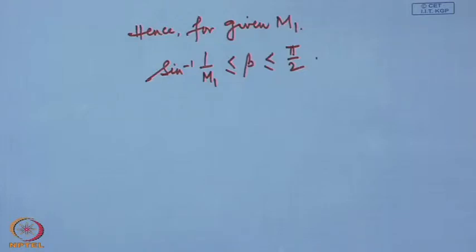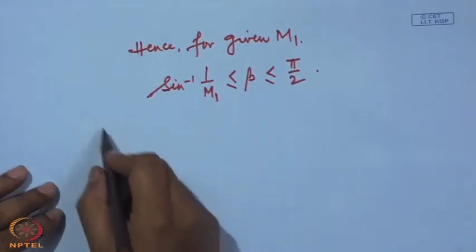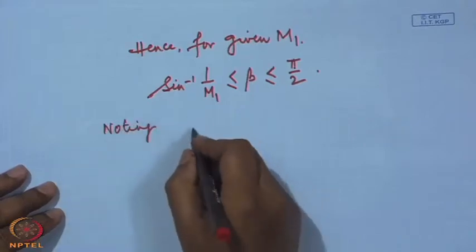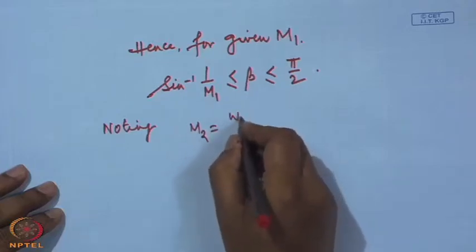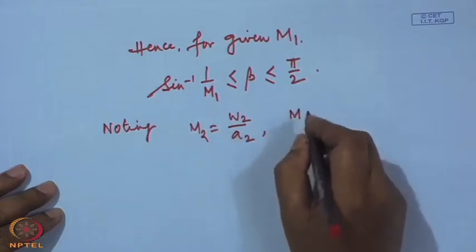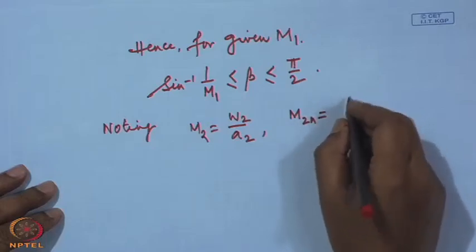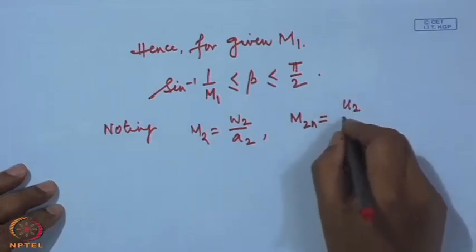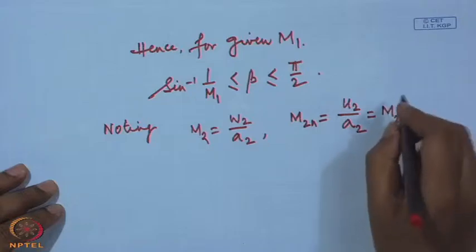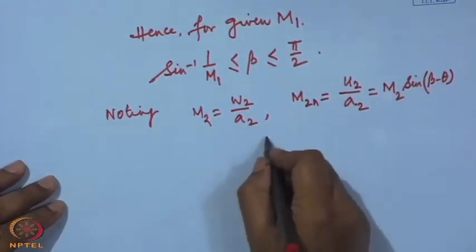Now, to find the Mach number downstream of the shock, we can obtain this by noting that M2 equal to W2 by A2 and M2n is U2 by A2, and U2 is simply, that is, M2 sin beta minus theta.